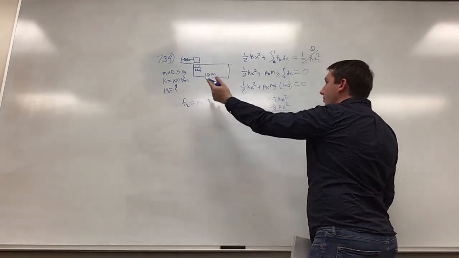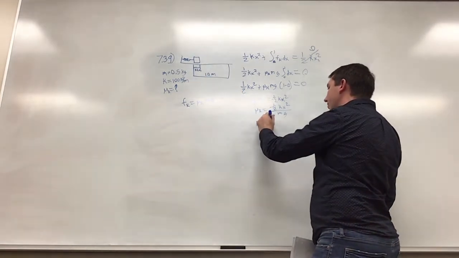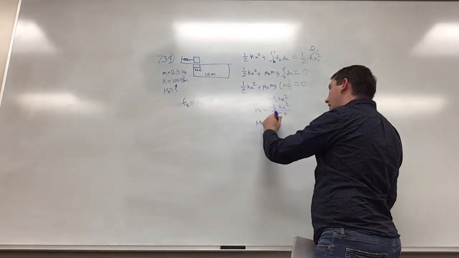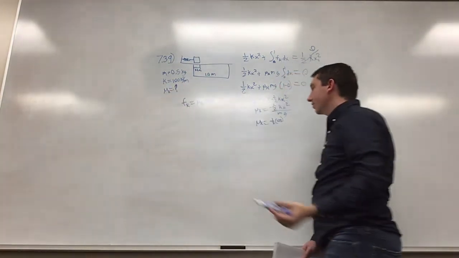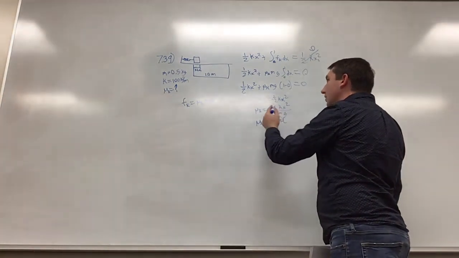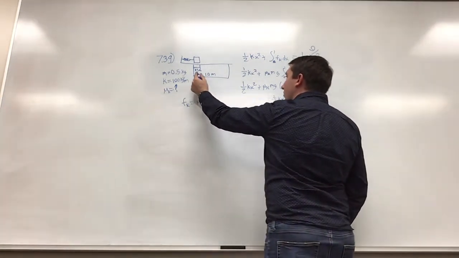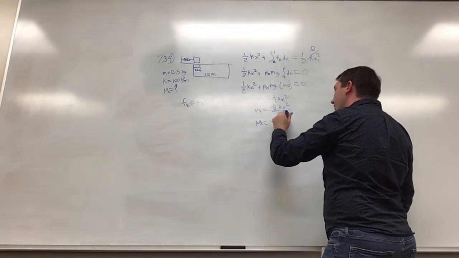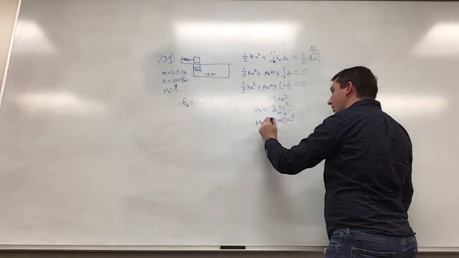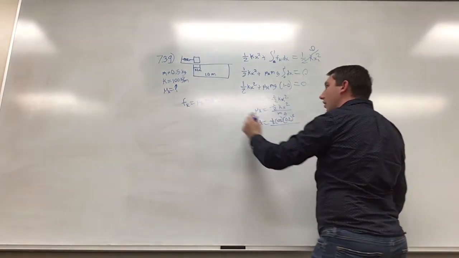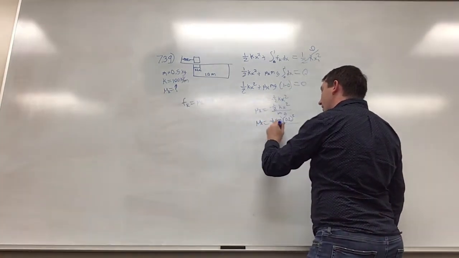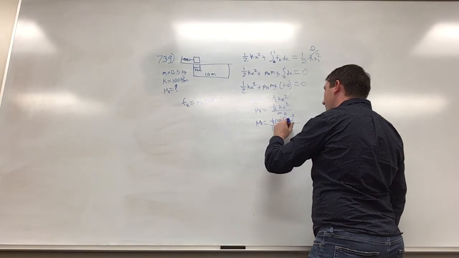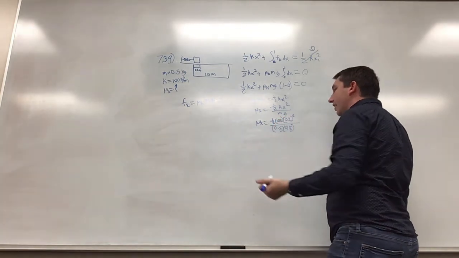And then we'll also plug in all of our variables, so it's going to be -1/2 times 100, because that's the spring constant, times the distance that the spring is compressed, 0.2 meters, squared, divided by our mass, 0.5 times 9.8 for gravity.